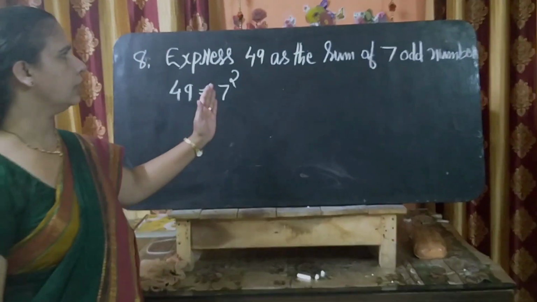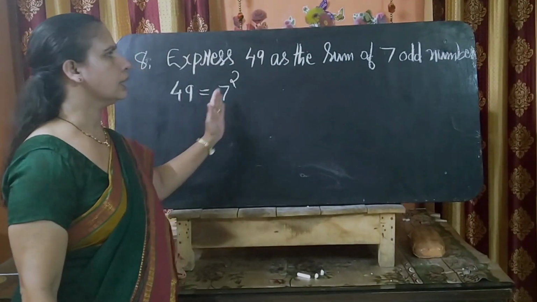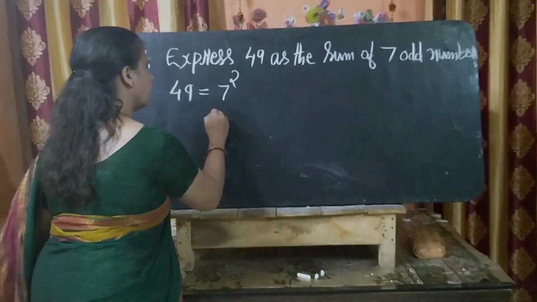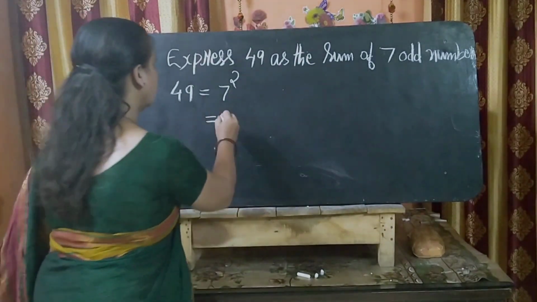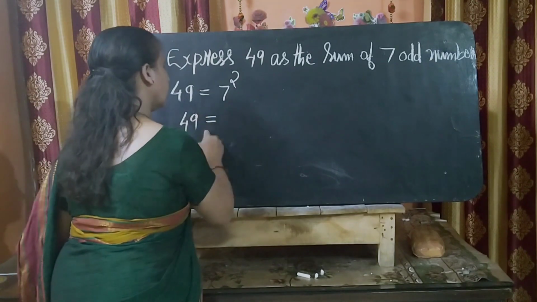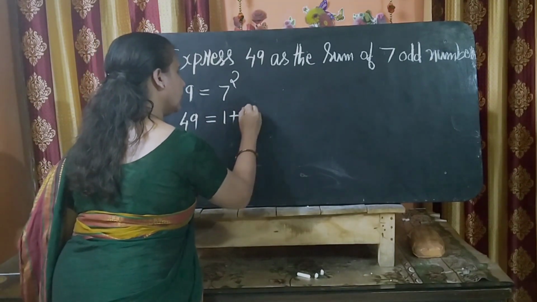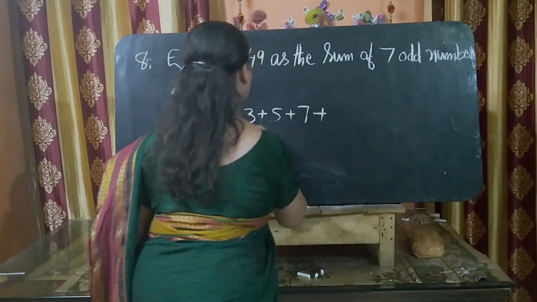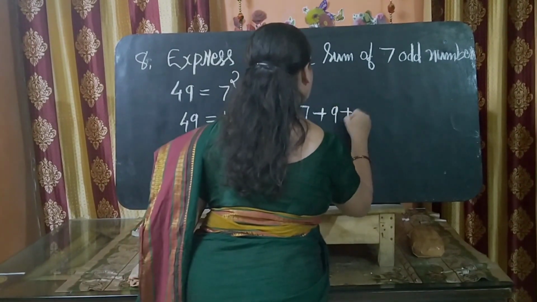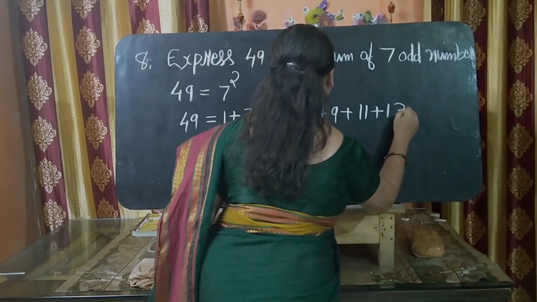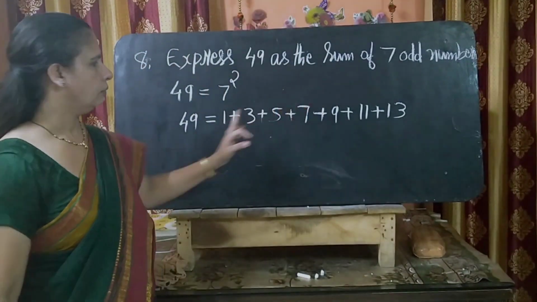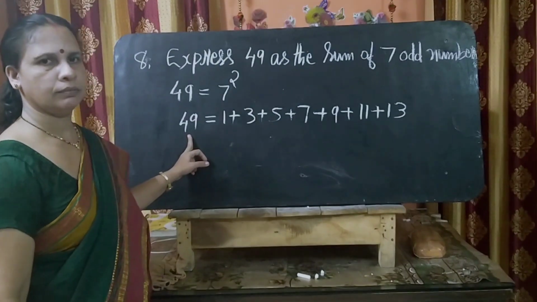We have to write 49 as the sum of 7 odd numbers. So 49 equals 1 plus 3 plus 5 plus 7 plus 9 plus 11 plus 13. These are 7 odd numbers, and we will get 49.